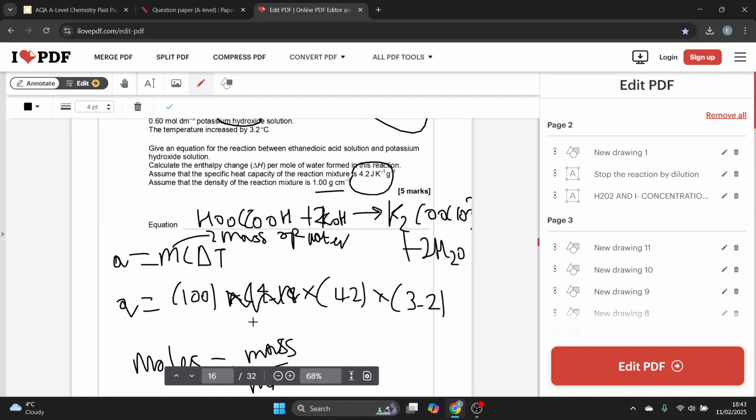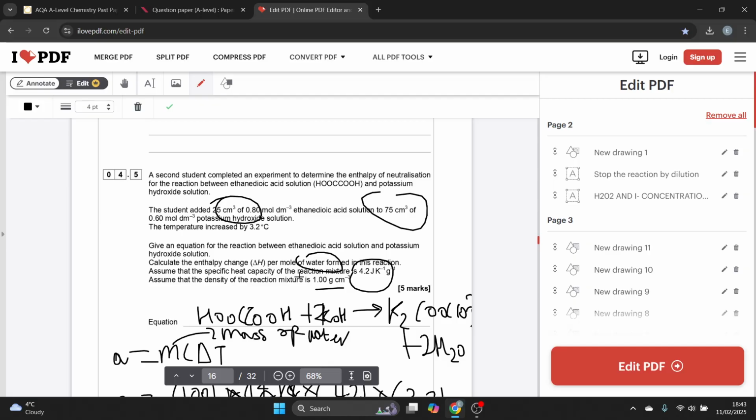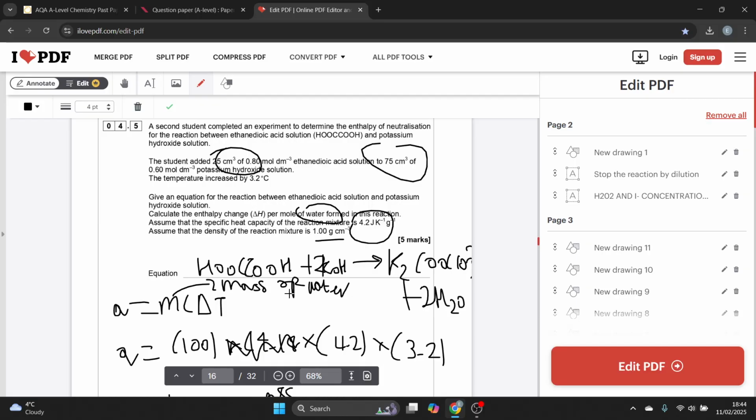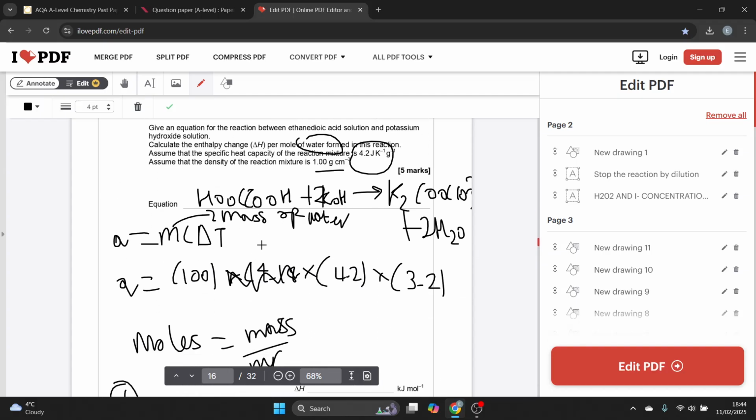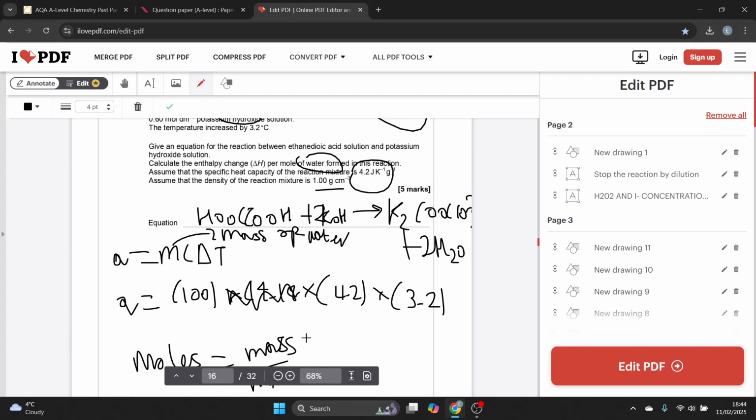I'm trying to find the enthalpy change per mole of water from this reaction, so what I need to do is first find the moles of the ethanoic acid, then the moles of potassium hydroxide. Because this one's a bit of a weird one.